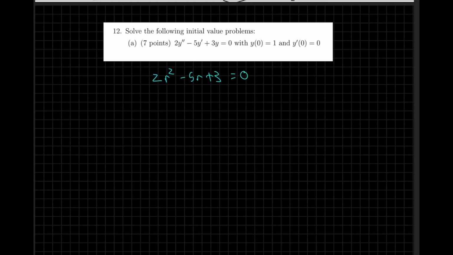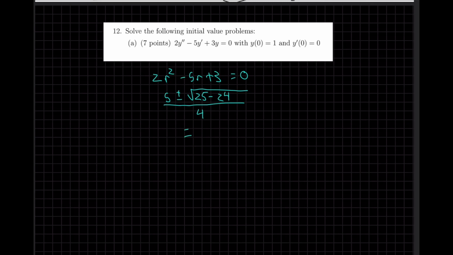0. So let's go ahead and find the roots using the quadratic formula. We get opposite of b, which is opposite of negative 5, which is 5, plus or minus the square root of b squared, 25, minus 4 times a times c. 4 times 3 times 2 is 24, all over 2 times a, which is 4.